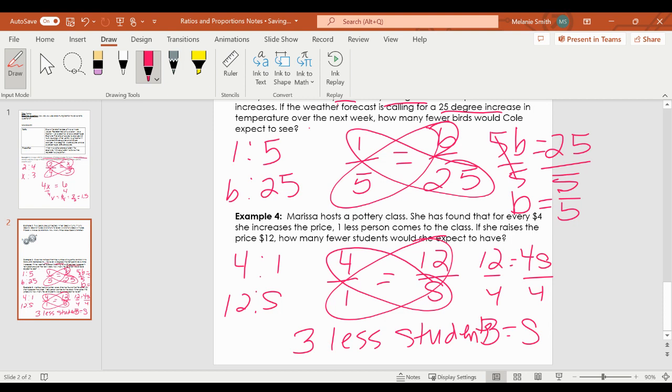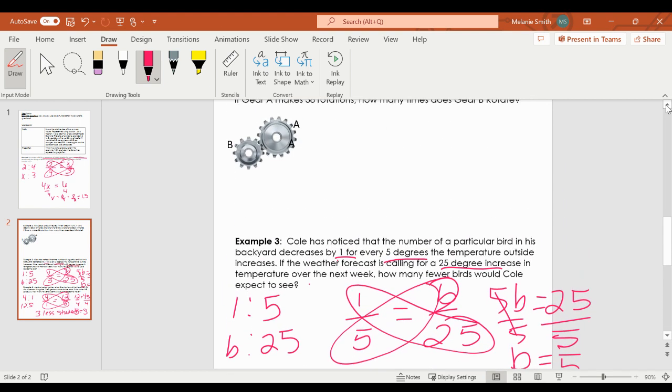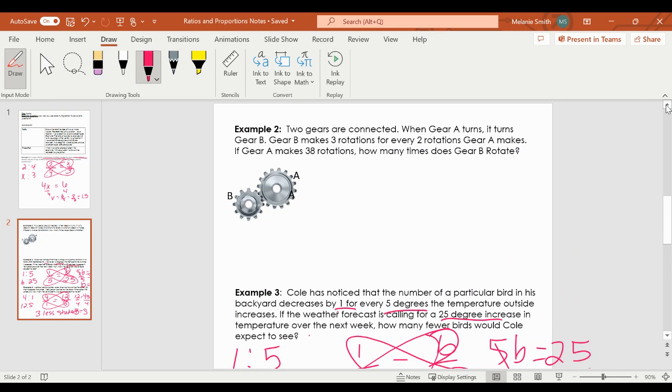Okay, and then somehow, just in the scrolling, I managed to miss a problem. So I'm going to scroll back up to example 2. Sorry about that. All right, so two gears are connected, and this really happens. When gear A, this big one right here, turns, gear B, because they're locked together, and because it's smaller, makes 3 rotations for every 2 rotations that gear A makes.